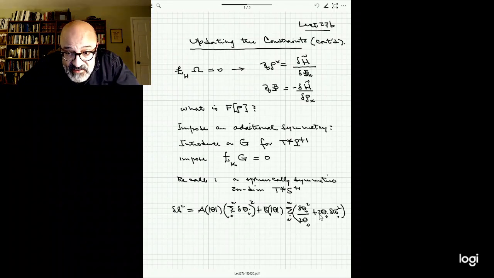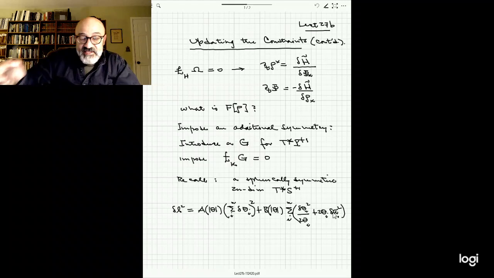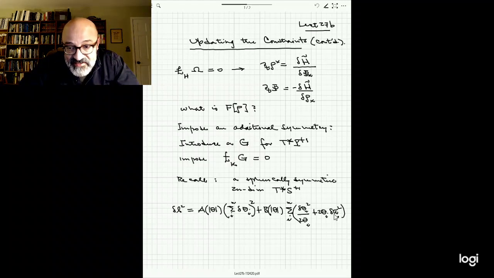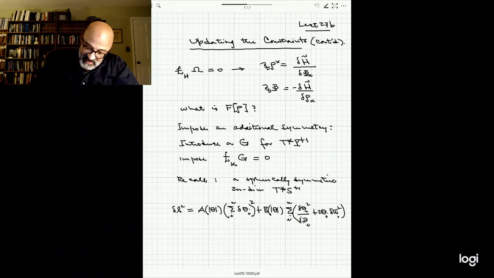In this particular case, there were no h's. These pi's are these angles that appeared, these pseudo-polar coordinates that we introduced in order to make this a spherically symmetric metric.